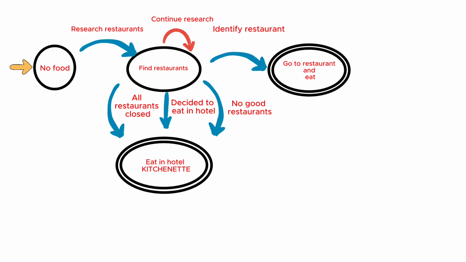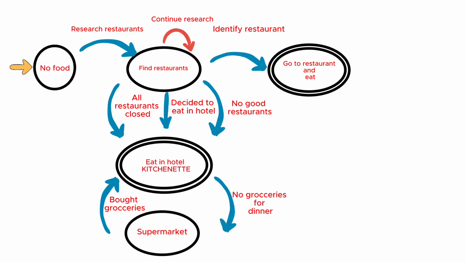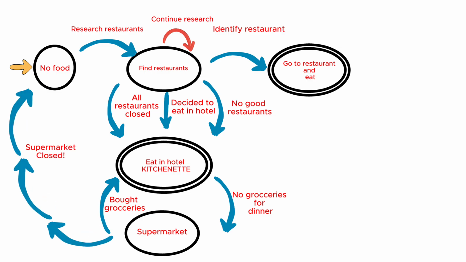But what happens if we don't have any groceries to make our dinner with? Well, we will have to go to the supermarket to buy groceries, return, and make dinner. But if the supermarket is closed, unfortunately, there's no food to eat. And this creates a transition to the start state, where we need to start the process again.